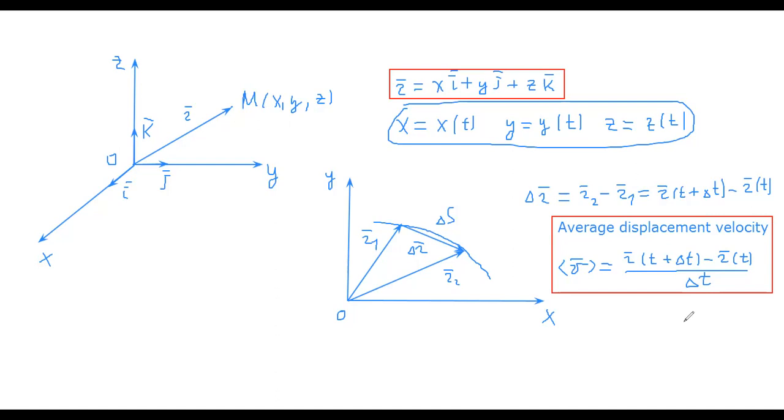So if we have long time, average velocity is not useful because velocity of motion is different in different time moments. So what to do in this case?